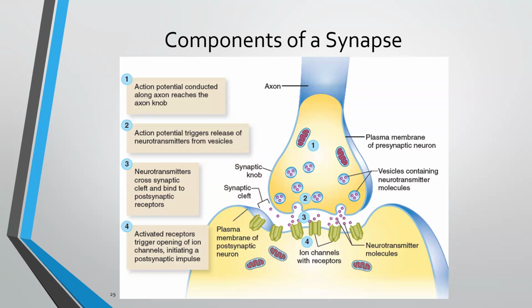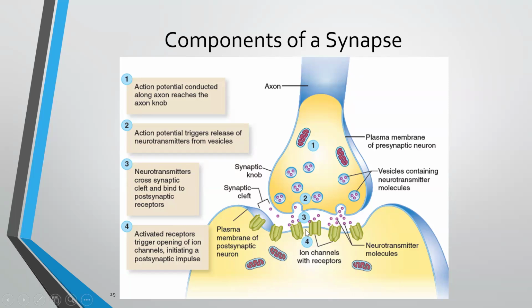So you have in the boxes steps that summarize the process of synaptic transmission of a nerve signal. On the arrival of an action potential at the synaptic knob, neurotransmitters, which are in these vesicles, are released from the vesicles in the knob into the synaptic cleft here.